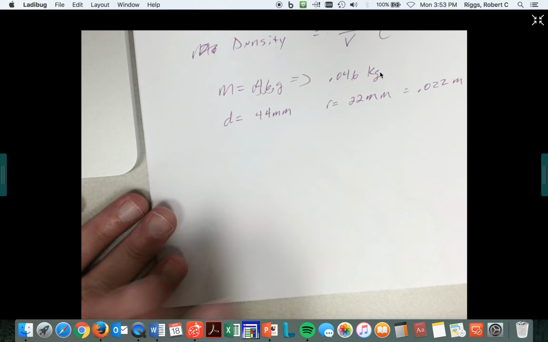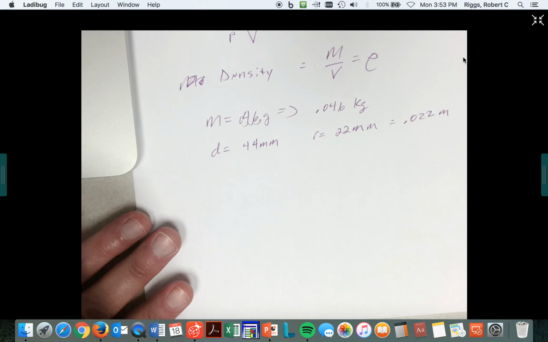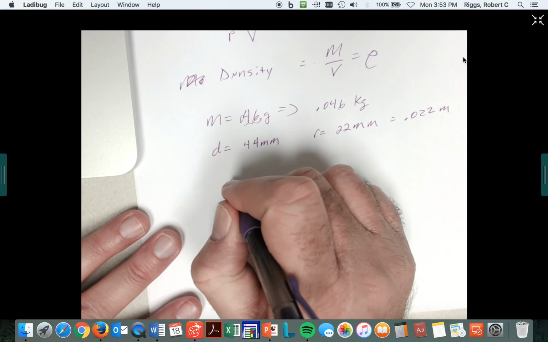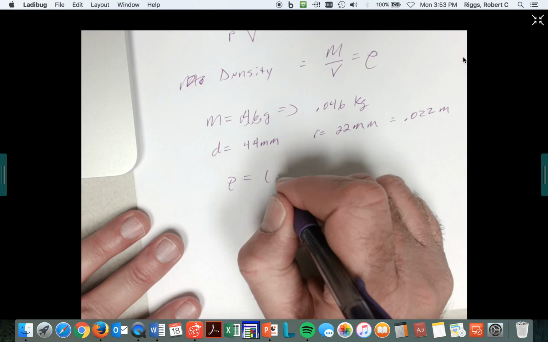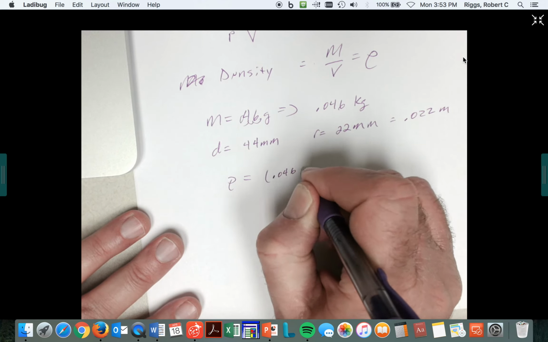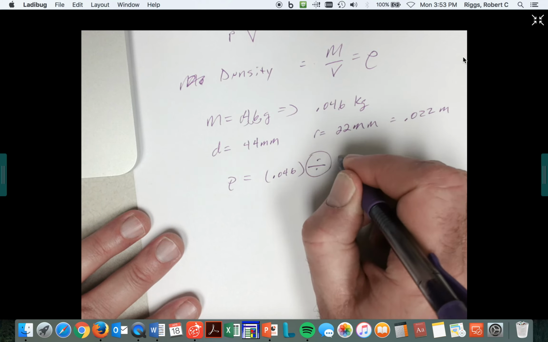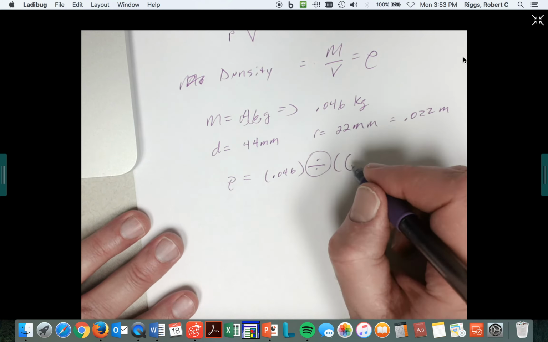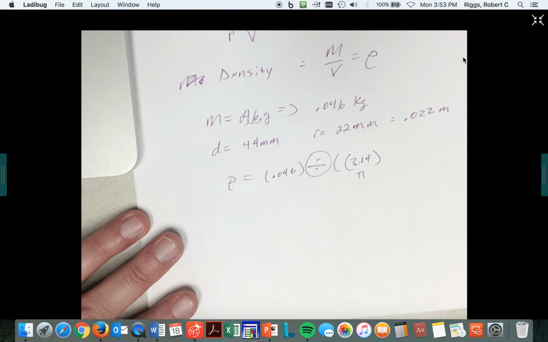Now, let's find the density. The first thing we're going to do is here's the way you would do it on your calculators. You'd say, okay, well, the density rho is equal to mass. You type in parentheses, 0.046. I do everything in parentheses. Divided by parentheses, pi, 3.14. If you have the pi key, you can go ahead and push that.